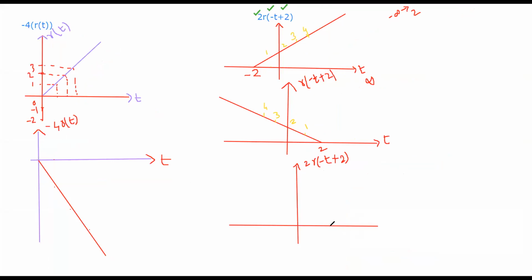So at 2, the signal has the amplitude of 0. At 1, the actual signal has the amplitude of 1, so this signal should have the amplitude of 2. At 0, the actual signal has the amplitude of 2, so this signal should have the amplitude of 4, then 6, likewise it increases. So this is how the signal looks like.